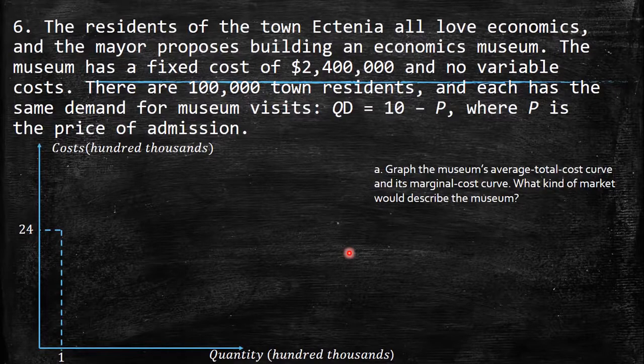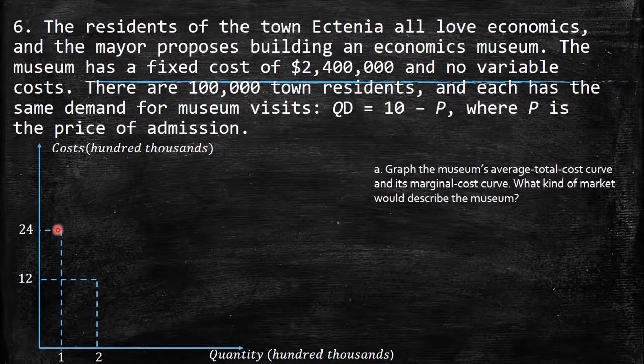For example, if you have one unit of quantity, the average total cost is going to be 24 over 1. Then if you sell two, 24 over 2 is going to be 12. So this is going to be the value when the quantity is close to 0.